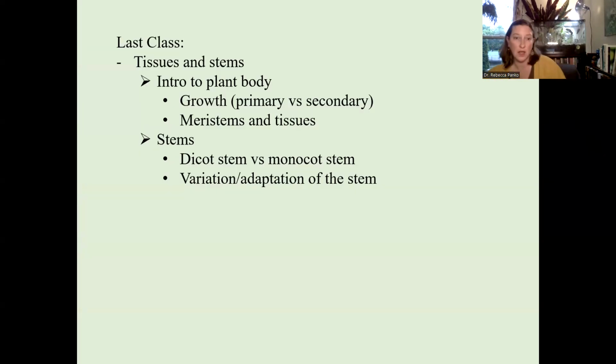All right, so last time we did this very exciting thing called growth, right? Talked about meristems and tissues, and dicot stems versus monocot stems, some variations that allow different adaptations.